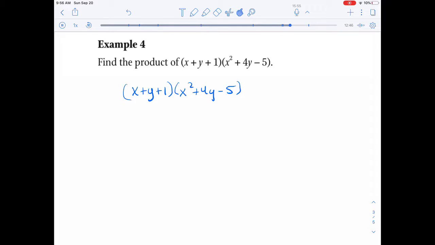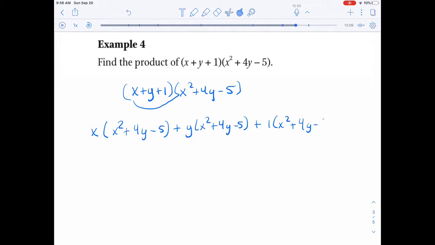Let's go ahead and distribute our x to our trinomial. In other words, we have x groups of x squared plus 4y minus 5, and we have plus y groups of x squared plus 4y minus 5 plus one group of x squared plus 4y minus 5.